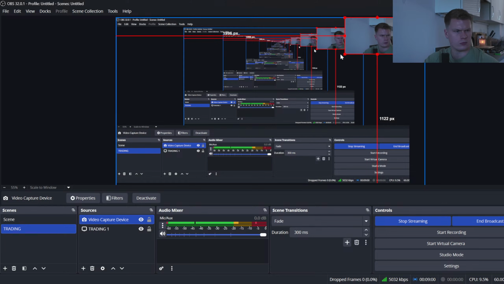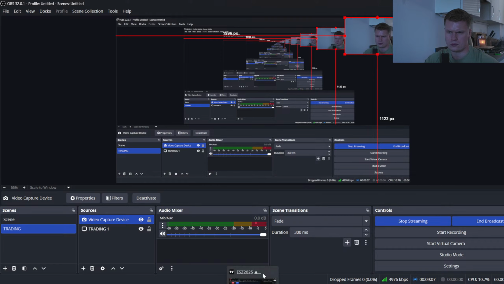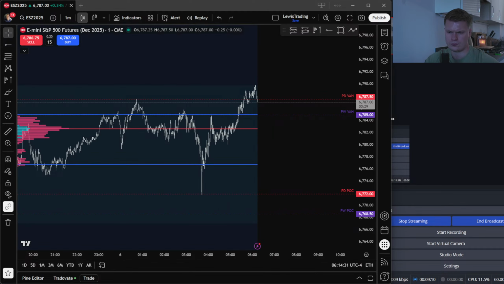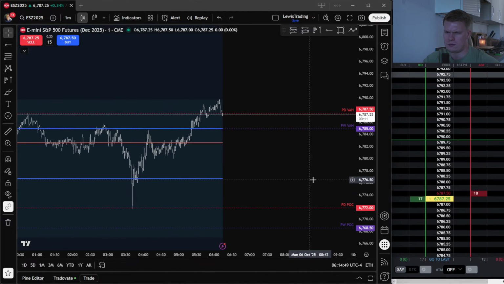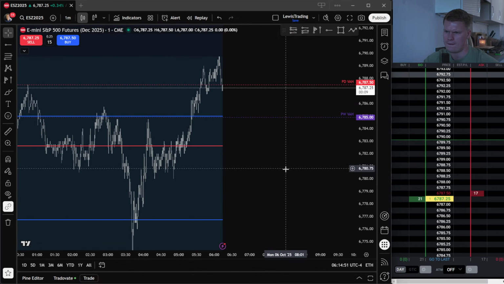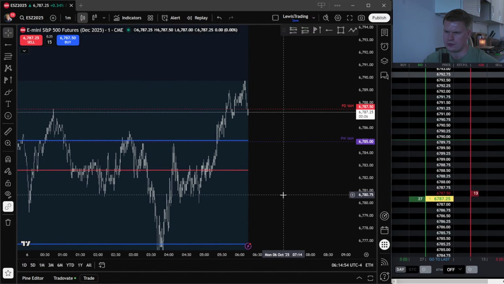Just adjust the webcam a tad. That's better. Right. So we are currently up at previous day's value area high from Friday.